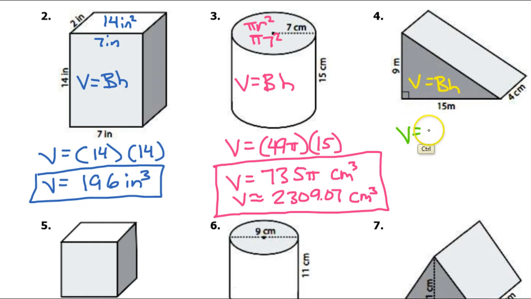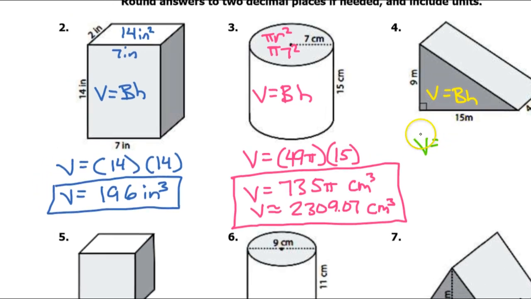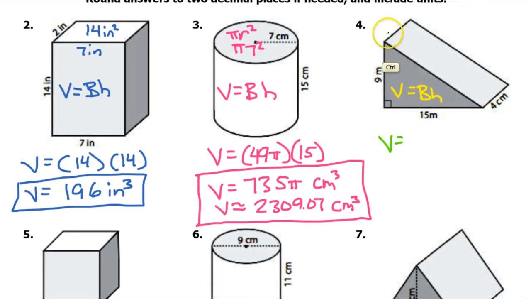Okay, so the area of the base, the B part, is going to be, you know what, I feel like I should calculate this off to the side. Capital B represents the area of the base. In this case, it's a triangle, so that's going to be 1/2 base times height. So that's 1/2 times 15 times 9.